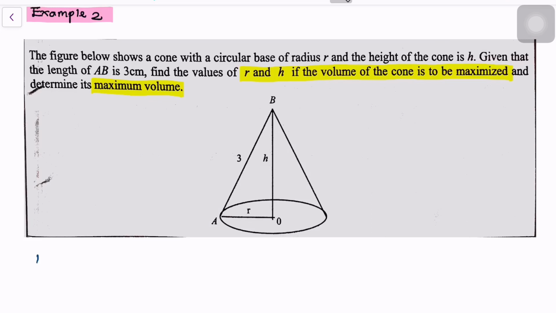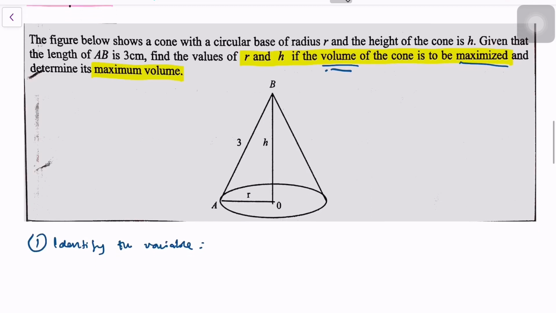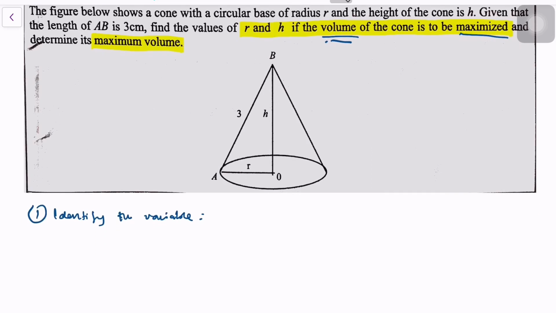So the first one is we are going to identify the variable. Okay, so since we are talking about volume that needs to be maximized, so definitely the variable that we're looking for here is actually V. So let V is equals to volume of the cone.